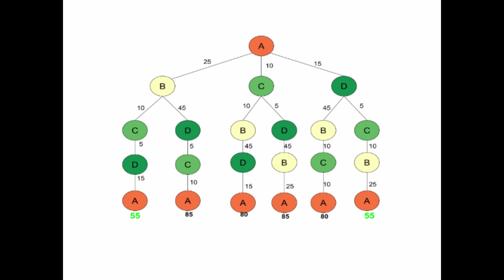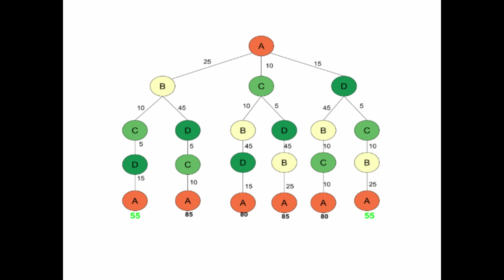And again similarly, if we add the cost from A to C, C to B, B to D, D to A, the cost is 80. And A to C, C to D, D to B, B to A is 85. A to D, D to B, B to C, C to A is 80. And similarly, A to D, D to C, C to B and B to A is 55.